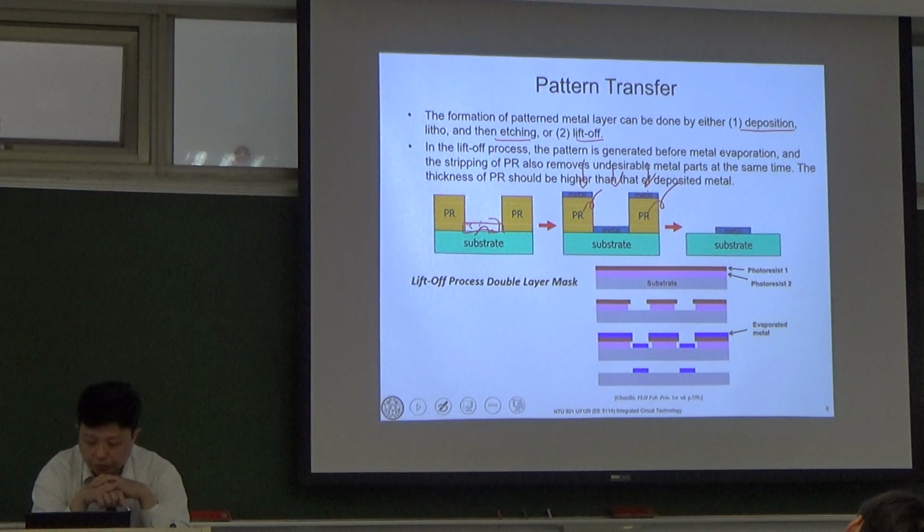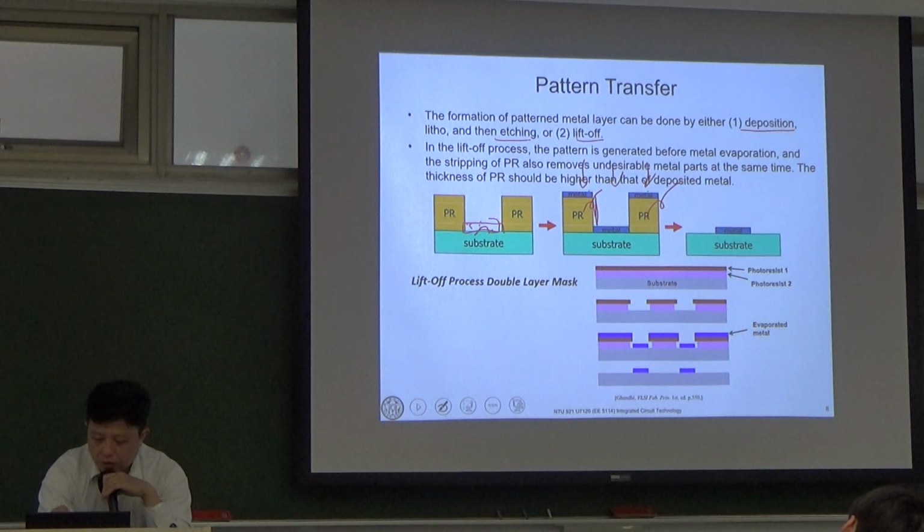So that's the litho process. But during this process, there's a possibility that we have metal coated at the side wall of your photoresist, and you can connect the metal together like this. Because there's a connection from the top to the bottom metal, since the metal also deposits on the side wall, if you remove the photoresist, sometimes this metal can be removed as well.